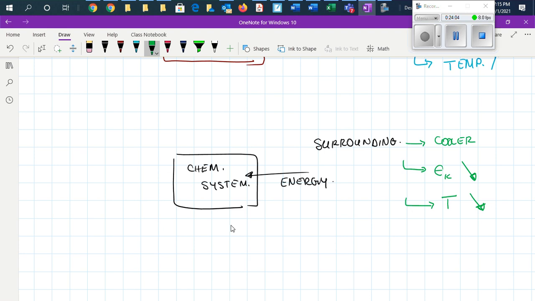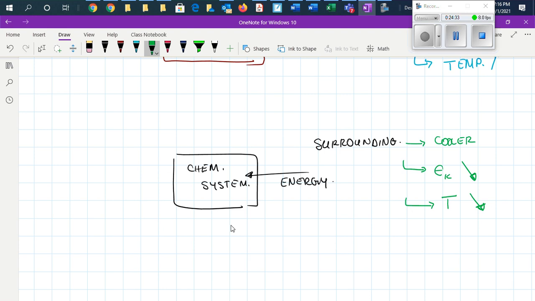So now the reaction of hydrogen and oxygen forming water is an example of an exothermic reaction, because the names exothermic and endothermic are based on what is happening with the system.